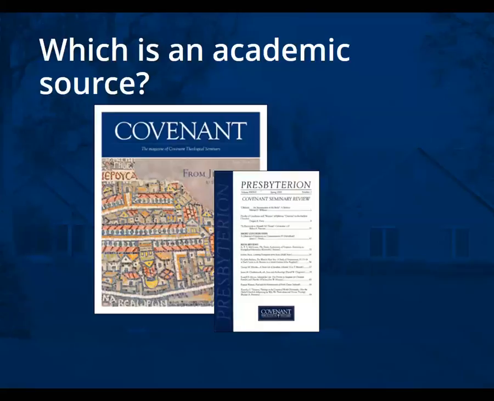Who seems to be the intended audience? And the thing I like to ask, how many footnotes do you see in an issue of Covenant Magazine? Probably zero, maybe one occasionally. How many footnotes do you see in an issue of Presbyterion? A lot. Because that's the style of writing, that's the style of academic writing.